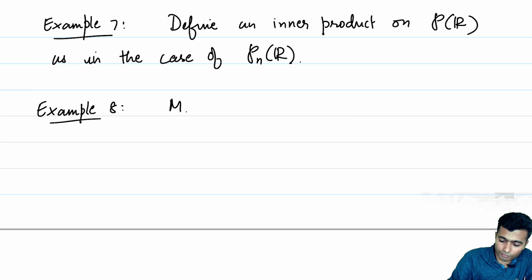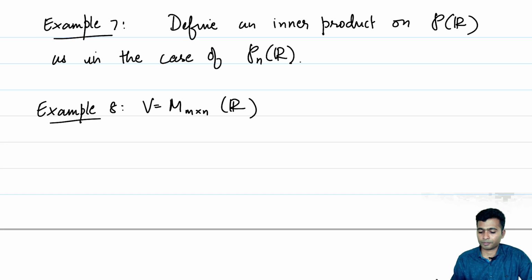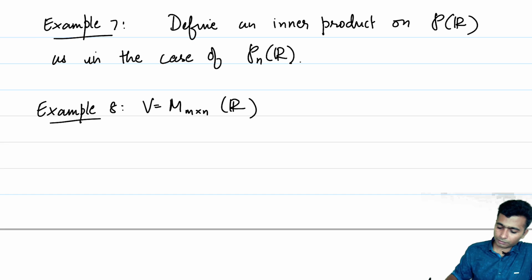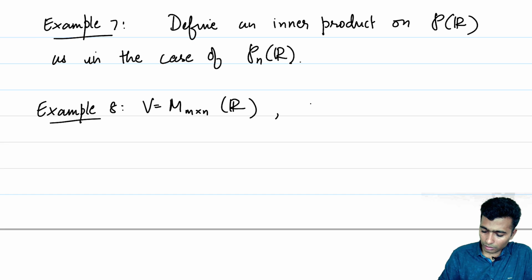So in M_{m×n}(R), the space of m cross n matrices over R, let A, B be matrices of size m cross n.